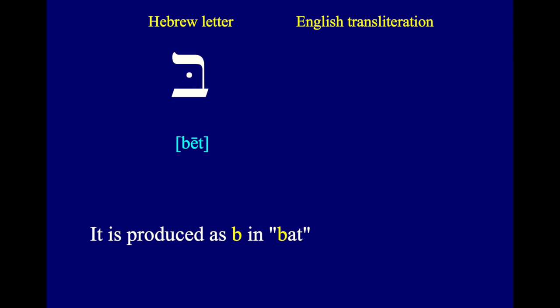It's pronounced B as in bat when it has that little dot in it, and it has the English transliteration B. So this is our buh sound. So bait: a little picture of a house, transliterated with an English B, sounds like buh.